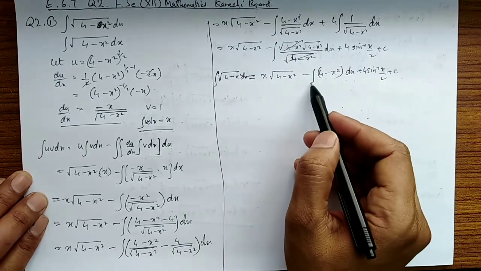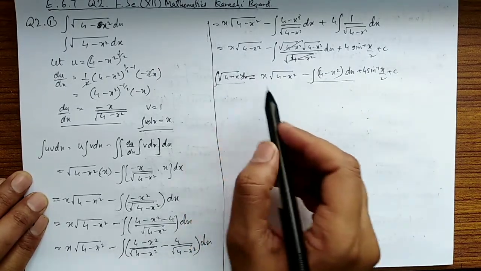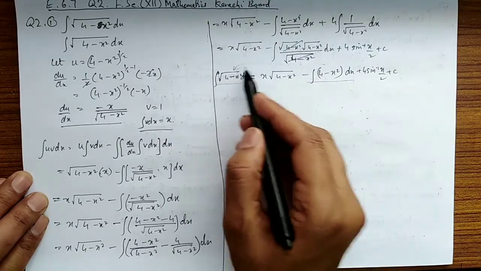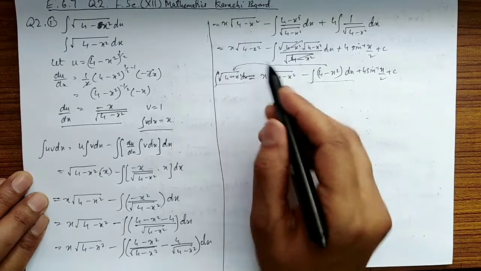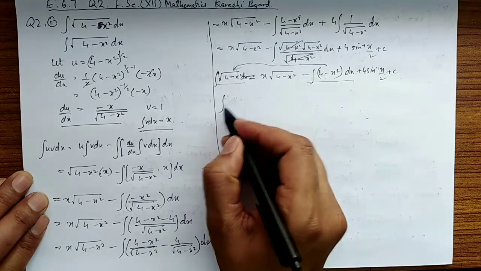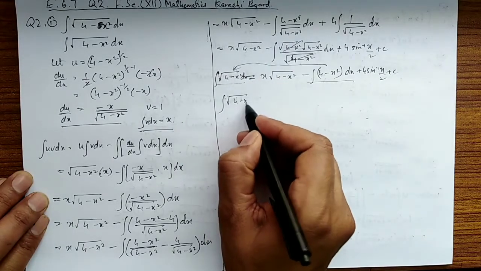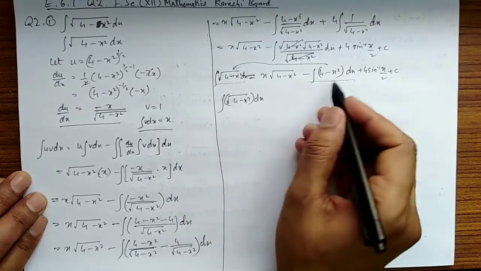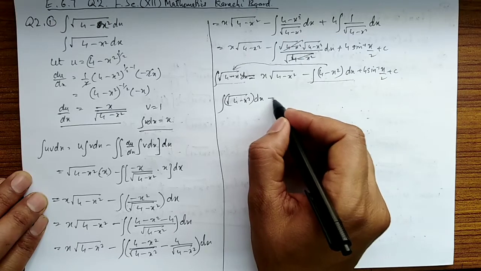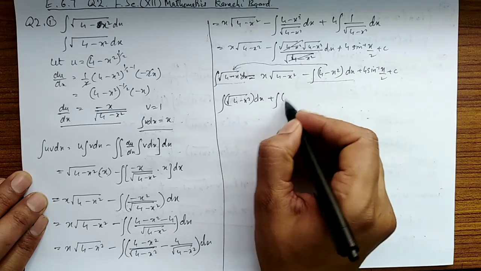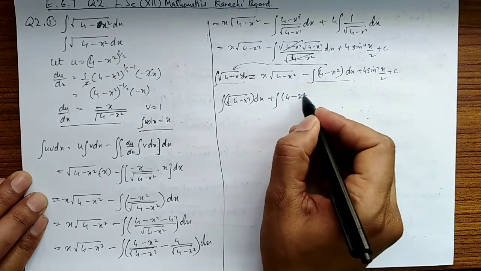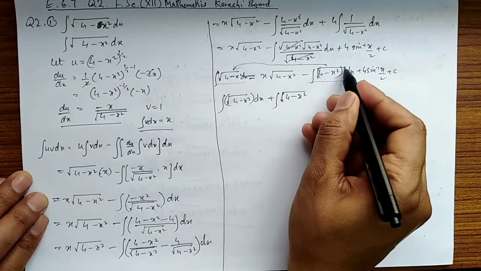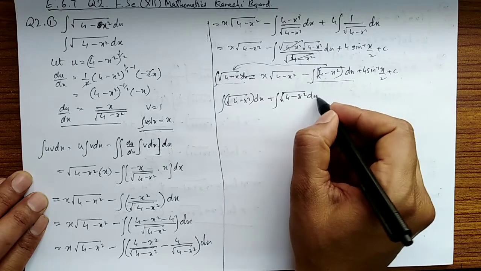So if you see this part and this part are similar but with opposite signs, we are going to shift this part to the left hand side. On the left hand side this becomes integral of root of 4 minus x square, this is the original part which we are integrating, and the one that comes from the right hand side, this becomes plus integral of root of 4 minus x square dx.